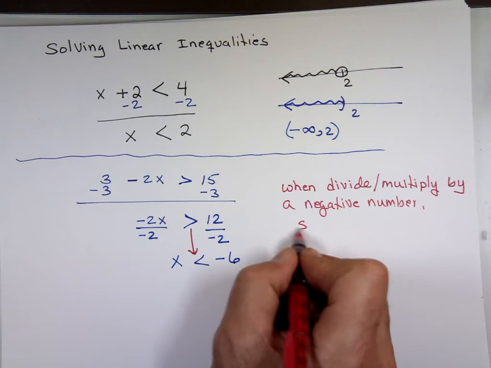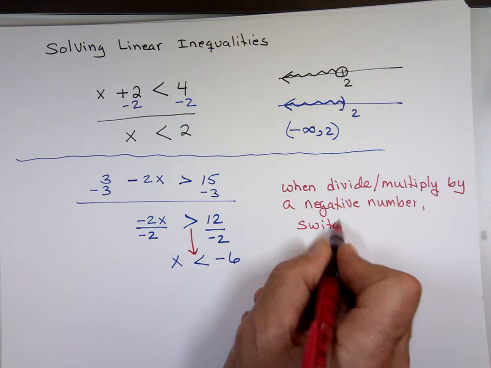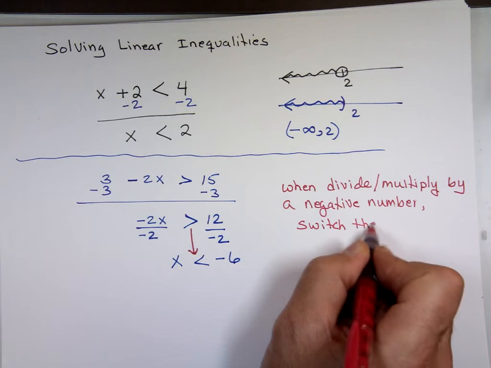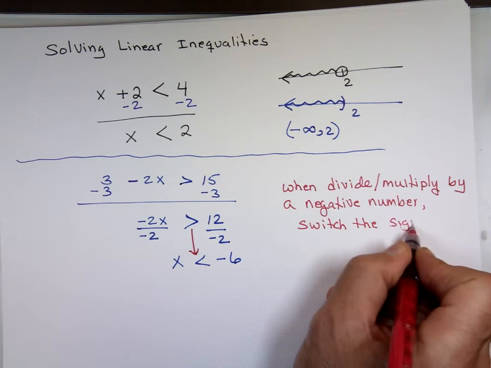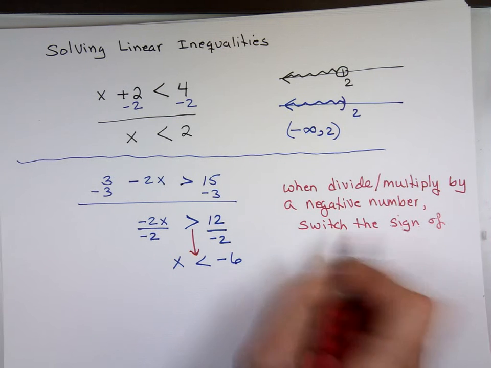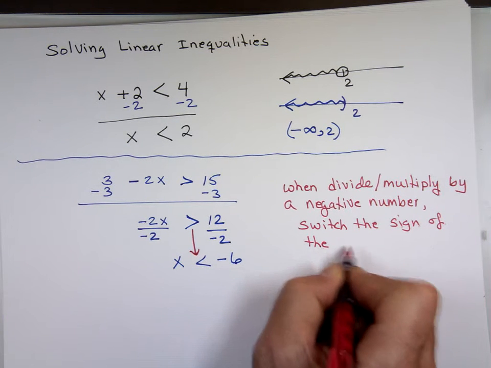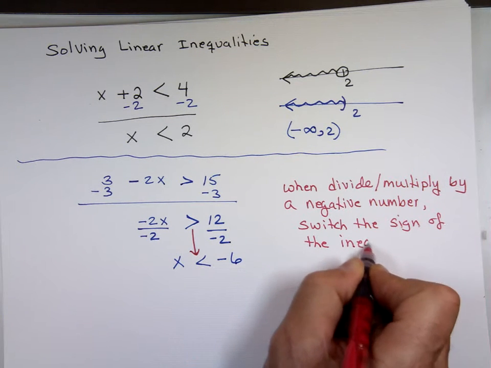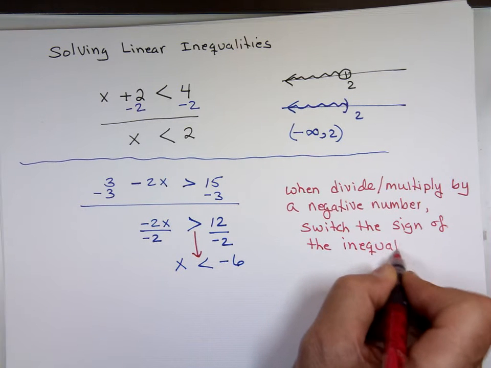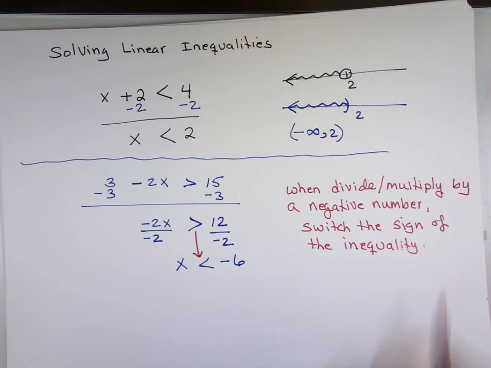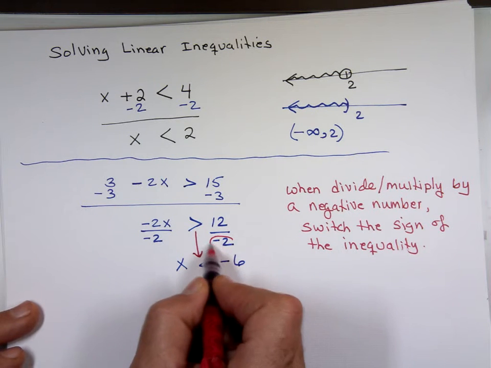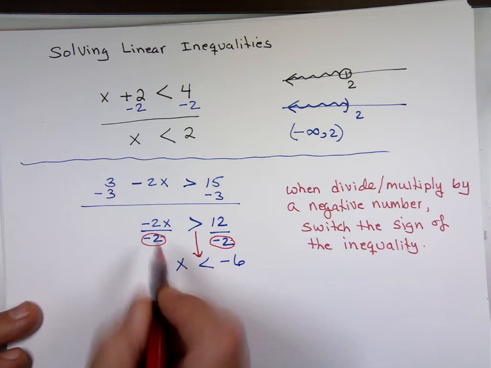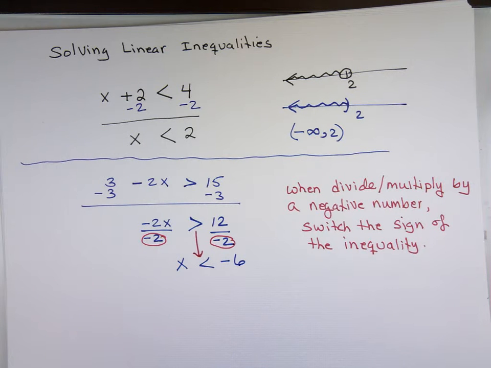We switch the sign of the inequality. So what did we divide by here? Negative 2. So we have to switch the sign of the inequality. That's the only time we touch the sign.